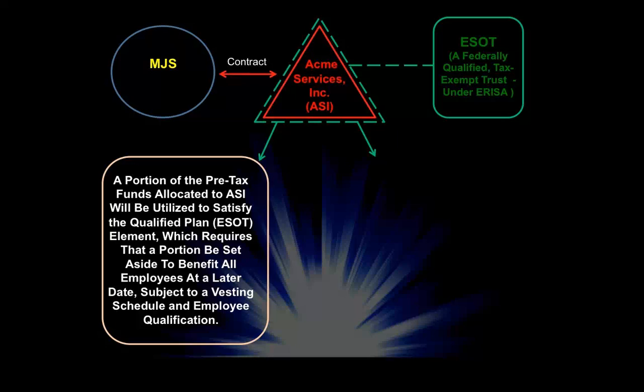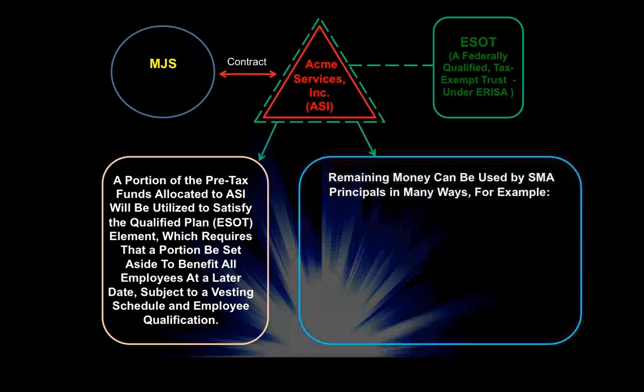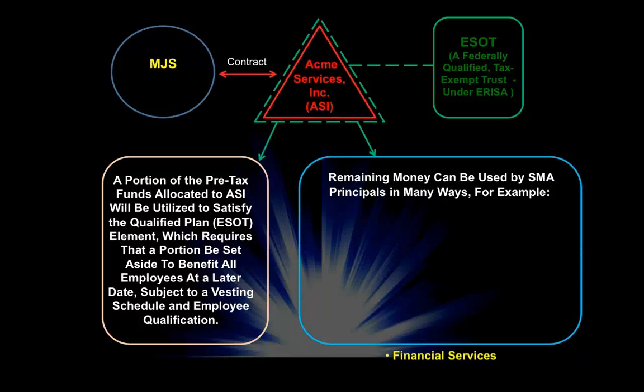Now, the money that is remaining, and generally that is about 90% of all the money that has been moved in to Acme via the contract, is available for any legitimate business purpose. And that money can be used in many, many ways, and here are some examples.